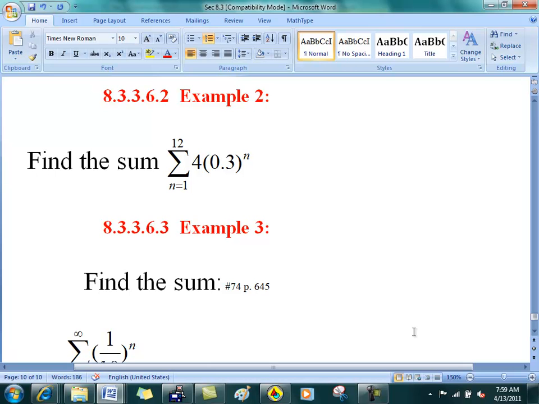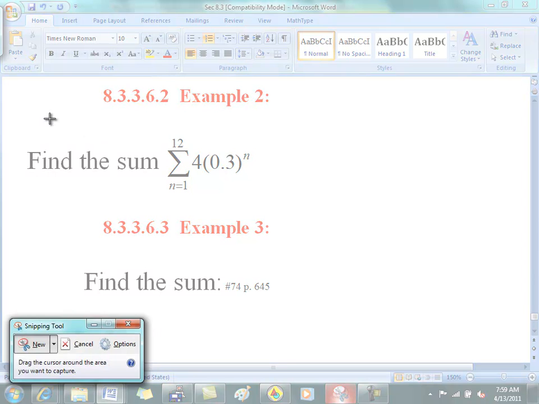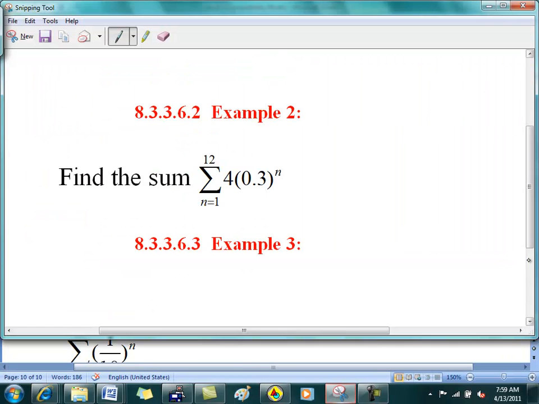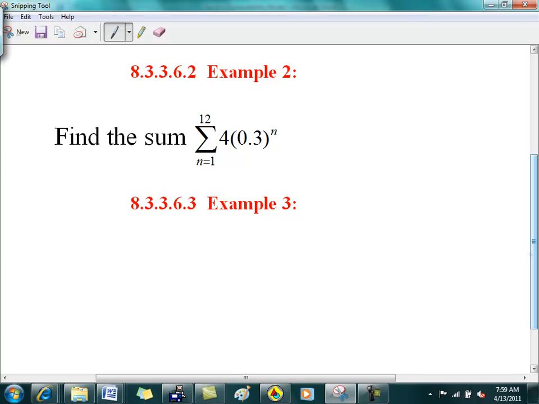What you want to do is write this in long form. In other words, write this as if you've got individual numbers. So you've got 1.2 plus 0.36 and so on. Now A1 is 1.2, R is still 0.3, and then you plug into this formula here.